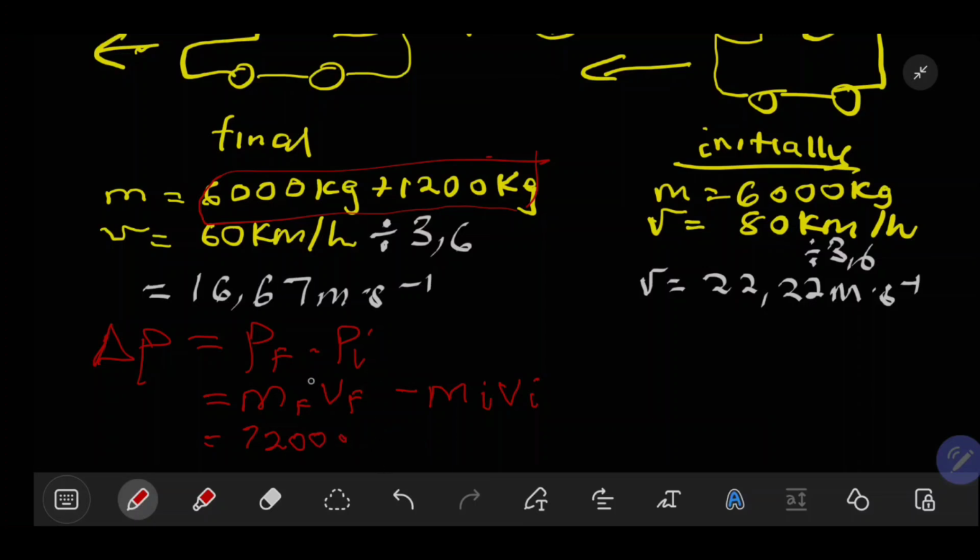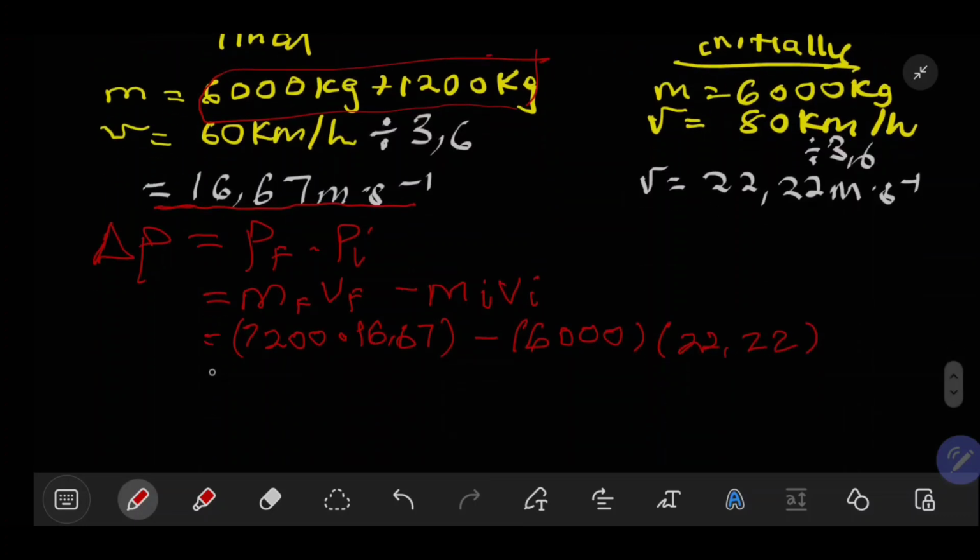Then we multiply by the velocity, we use the one that we converted, so it means we're going to have 16.67, and then minus the initial mass was 6,000, and then the velocity was 22.22. When we press that into the calculator, 7,200 multiplied by 16.67, we get 120,024, and then we subtract 133,320.